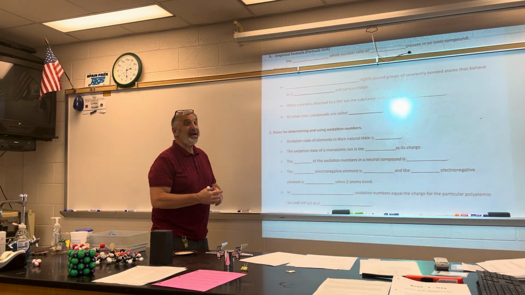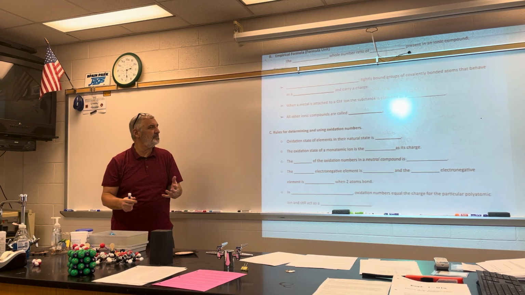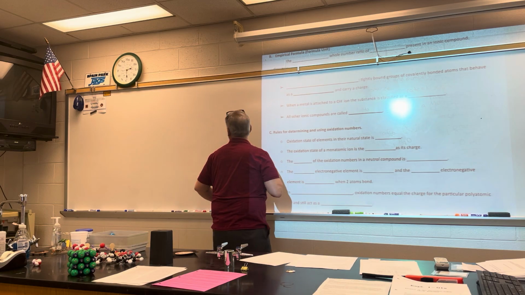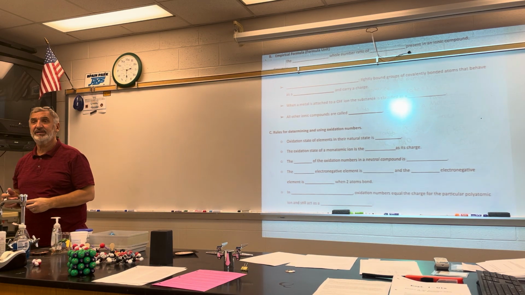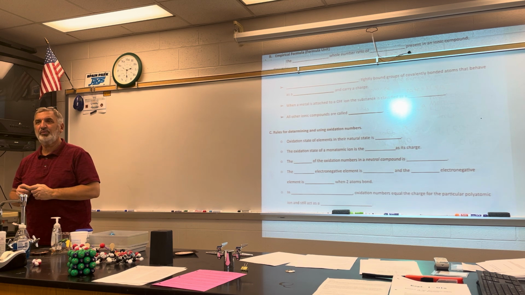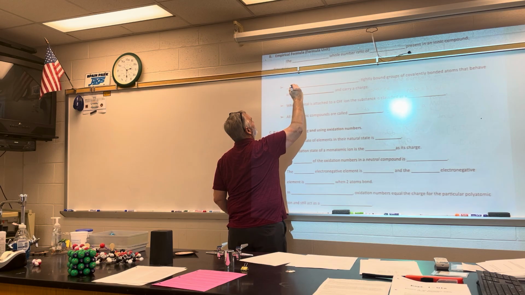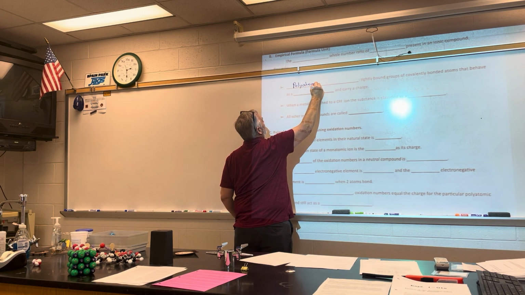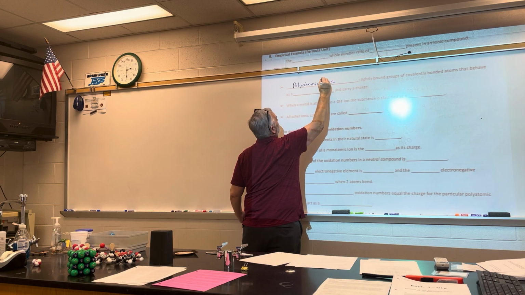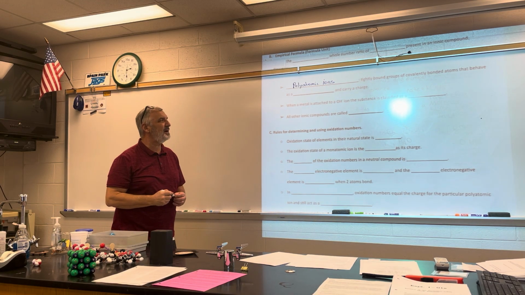So we gotta get some definitions under here, and this is a big one right now. Up here is a chart of polyatomic ions. What does that word mean? Polyatomic. Polyatomic ions are tightly bound groups of covalently bonded atoms.